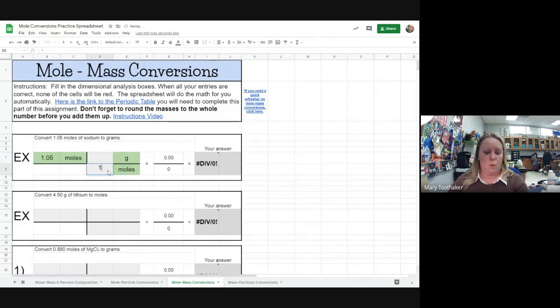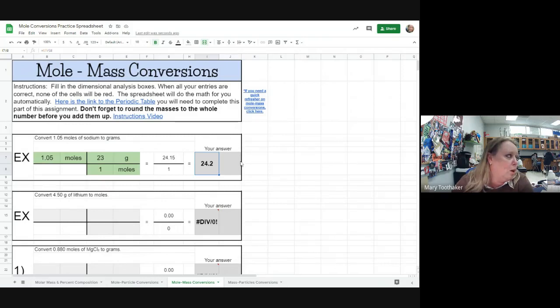The number 1 always goes next to the word moles. The number that goes next to grams, because again, this is grams per mole, I'm going to find on the periodic table. The molar mass of sodium is 23. And hit enter, and it'll do all your calculations for you and give you the final answer with the correct number of significant digits. Does this help, you think?